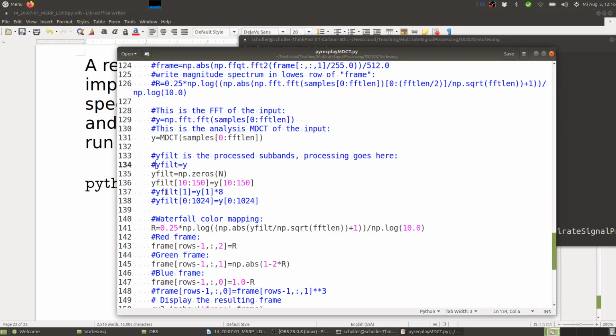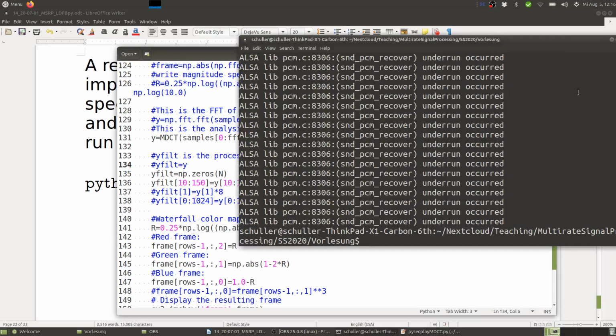Remember, the highest frequency index here is 512. So this is about 1/4 of it. The highest frequency means 16 kilohertz, the Nyquist frequency, and 1/4 of it would be 4 kilohertz. So this should give us roughly a telephone bandwidth. So let's try.